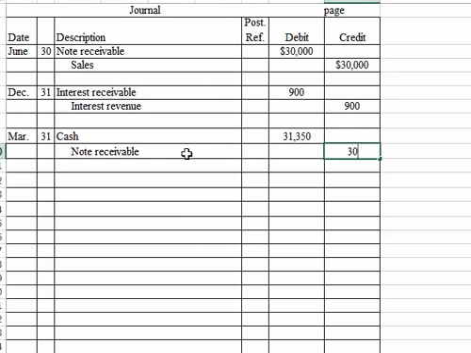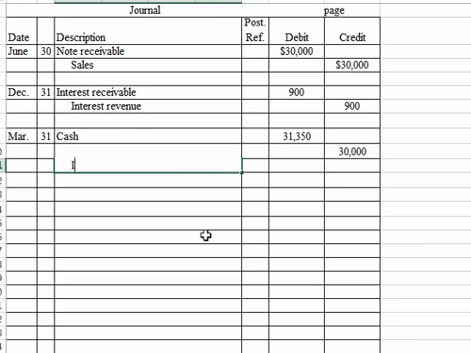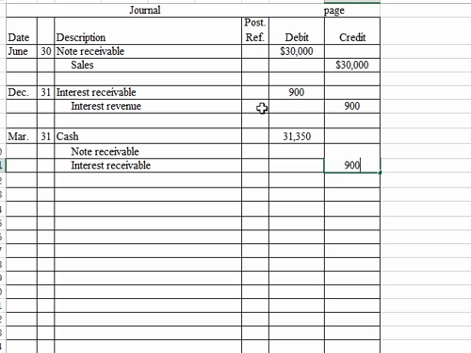It's an asset that decreased for the face amount, 30,000. Another asset we'd be giving up would be interest receivable. So the amount placed in interest receivable last year for this note, $900. And then we'll credit interest revenue for interest earned in year 2.